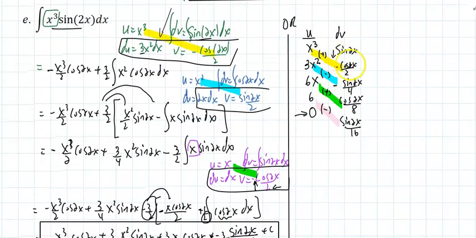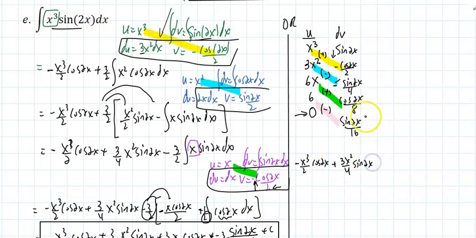That gives you the yellow part, negative x cubed over 2, the cosine of 2x. When you multiply the blue part, negative times negative is a positive, 3x squared over 4, the sine of 2x. The green, when you multiply, that is 6x divided by 4, if you simplify, 3x over 4, the cosine of 2x.